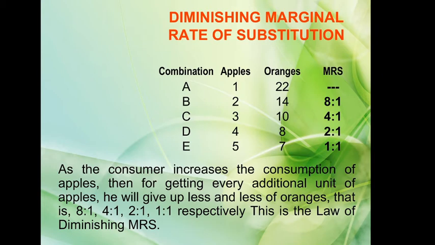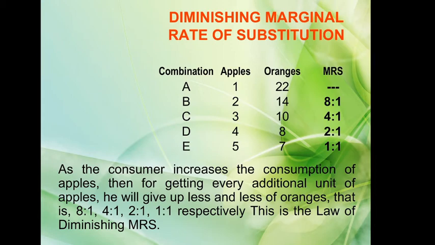Then in the fourth combination, he is ready to sacrifice only 2 oranges to get one more apple, and in the fifth combination he is ready to sacrifice only one orange to get one more apple. That means as the consumer increases the consumption of apples, for every additional unit of apple he will give up fewer and fewer oranges, that is 8 for 1, 4 for 1, 2 for 1, 1 for 1 respectively.